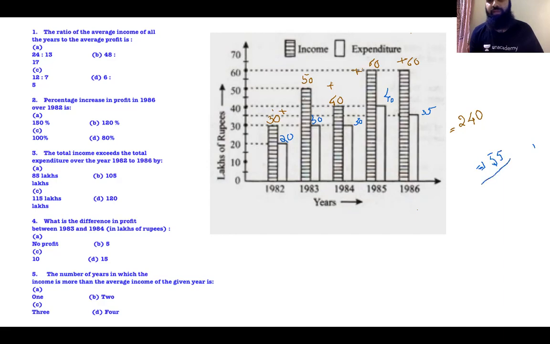So the difference between the income and the expenditure is 155 subtracted from 240, which will be 85 lakhs. The correct answer is 85 lakhs. Correct answer is answer option A. Clear with the third one? Any difficulty in understanding? Anything that you want me to repeat? We'll go for the next one. Okay.